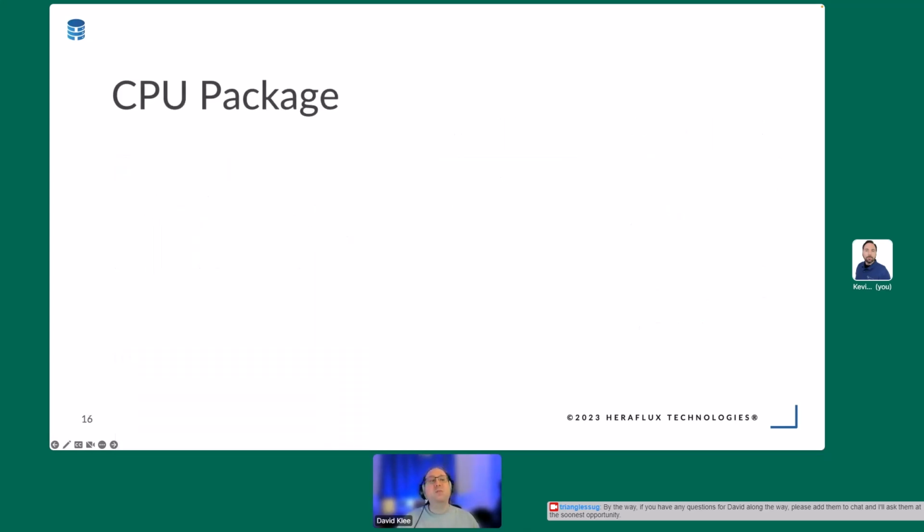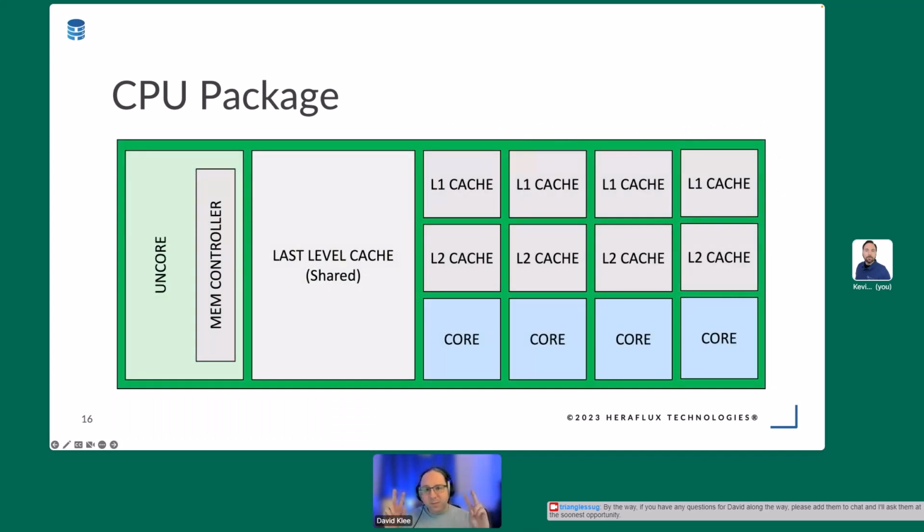So first of all, let's get some terminology down right. The CPU package is what a lot of people call the processor or the chip. It's basically this collection of CPU cores that goes into a mainboard socket. We'll look at that here in a second. In this package, you have one or more CPU processing cores. Each one of them has a little bit of cache memory.